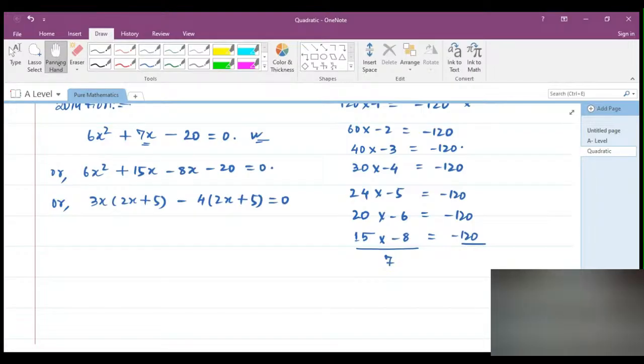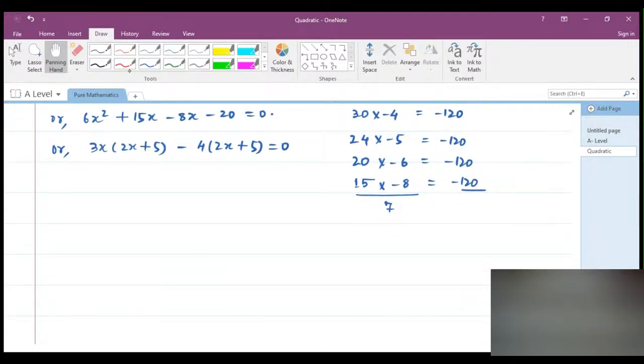So let's see your next step will be, we take 2x plus 5 common, then we get 2x plus 5 into 3x minus 4 equal to 0.